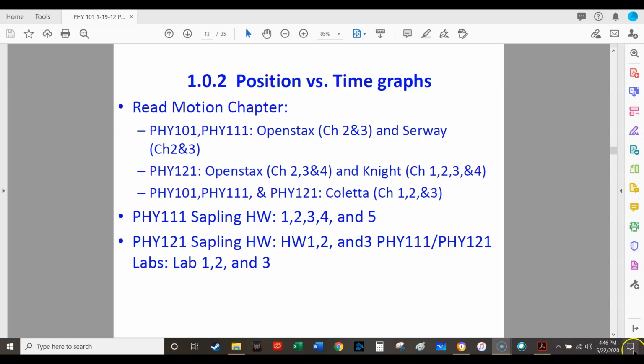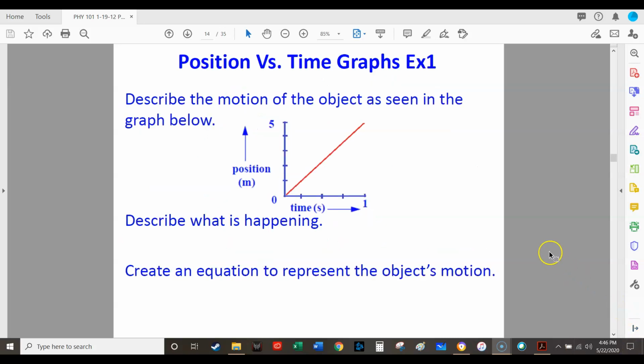All right, here we go. What I want you to do is take a moment and interpret what this graph means.